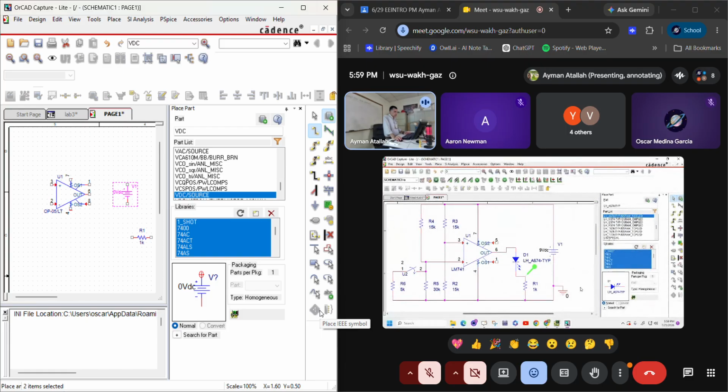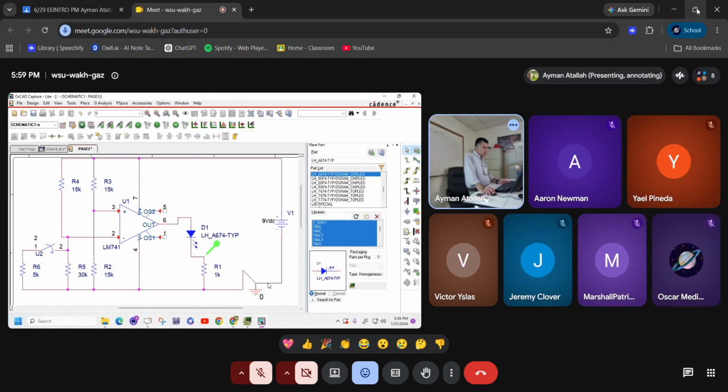Let me see this here. It is the same circuit. This is the same circuit here. I don't need this now. I'm going to delete this part here.